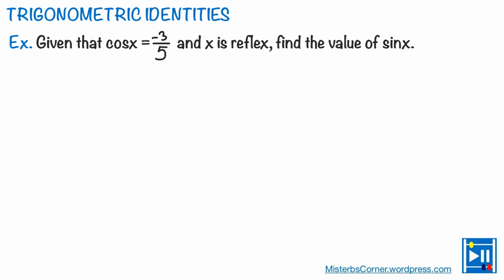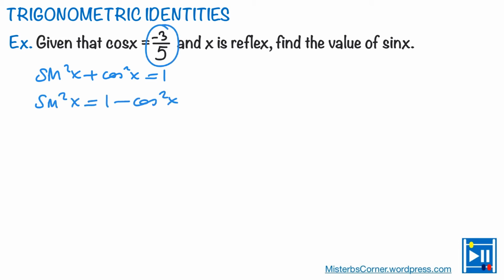Given that cosine x equals minus 3 over 5 and x is reflex, find the value of sine x. There are two ways of approaching this question. One is algebraic, the other is geometric. I'll show both and you can pick any one you'd like. The book shows the algebraic method, which is that you use sine squared x plus cosine squared x equals 1. So sine squared x will be 1 minus cosine squared x.